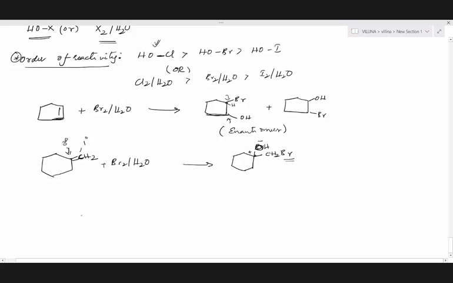All right. So as we were discussing, the same addition of H and OH can be done even for cyclic compounds also.